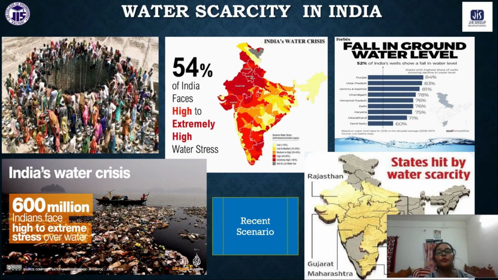Second, we have to reuse the water. And also we have to reduce water pollution, so we have to manage solid waste, plastic waste and e-waste, so that water pollution can be reduced.